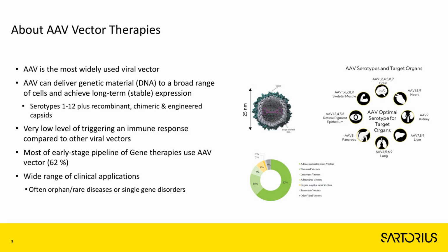But what it's good at is that it has a very low level of triggering an immune response compared to other viral vectors, and is most widely used also in the early gene therapy pipelines, where it's mostly used for orphan and rare diseases as well as single gene disorders.